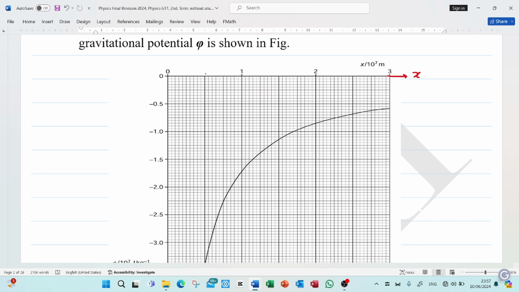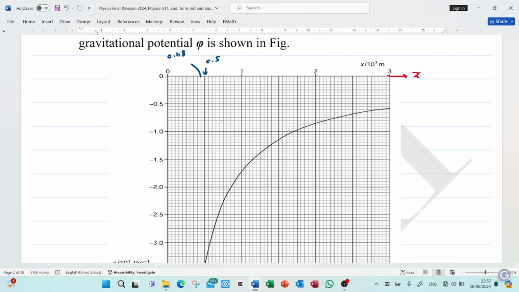Now, at this point, this is 0.5 multiplied by 10 to the power 7. Then 0.48 is the point before that one. So this point here is 0.48 multiplied by 10 to the power 7.